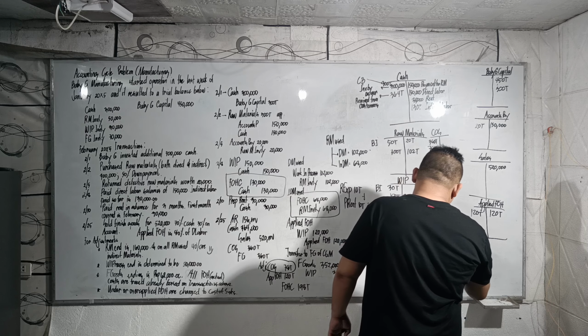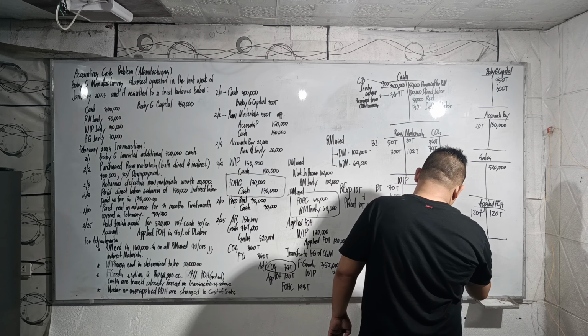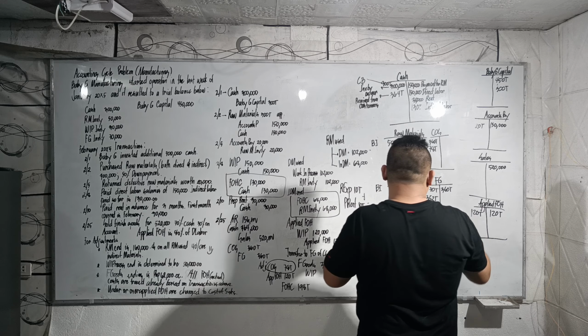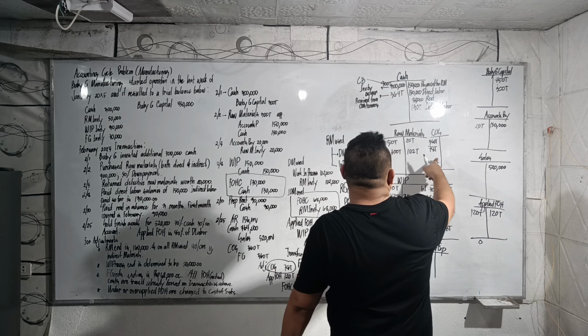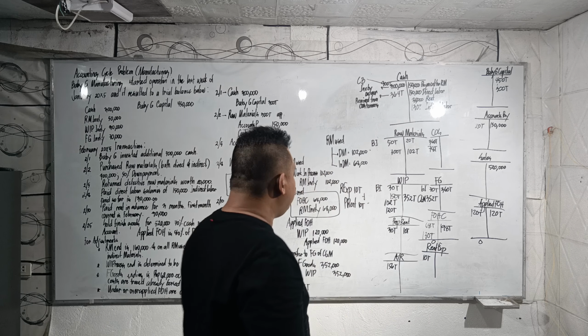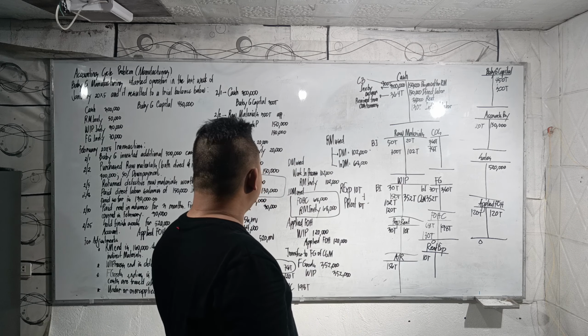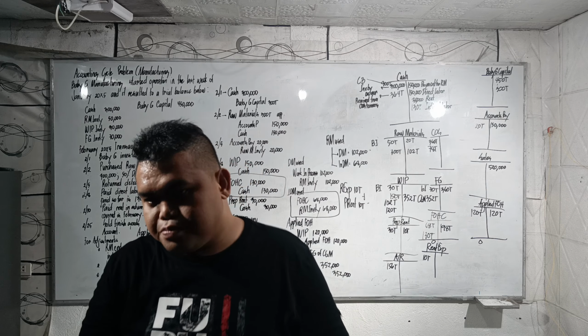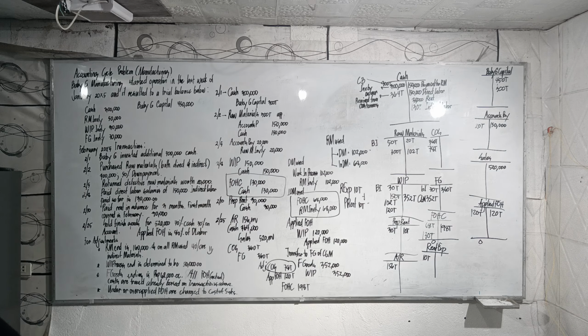So it will become 0. And then the balancing figure is in the cost of sales, 78,000. And I guess we've already posted everything, right? So let's complete this one.